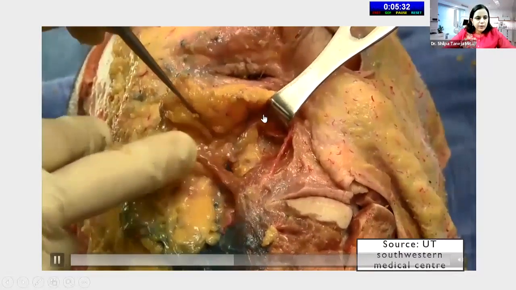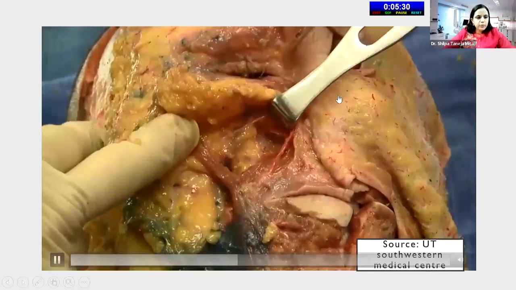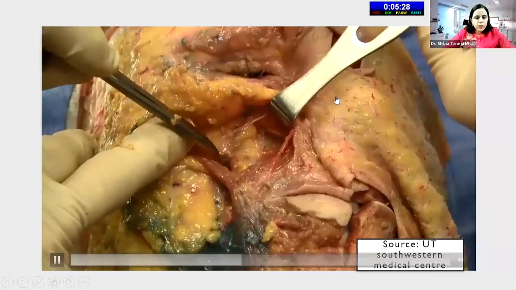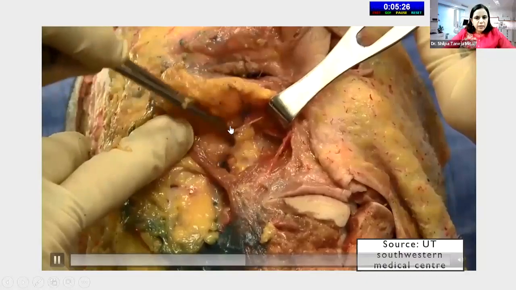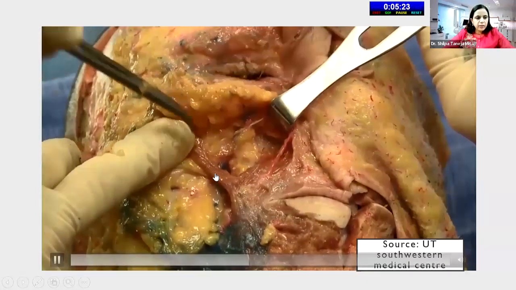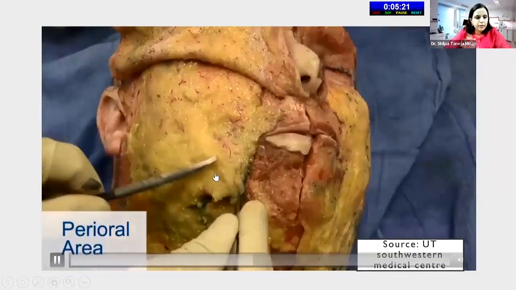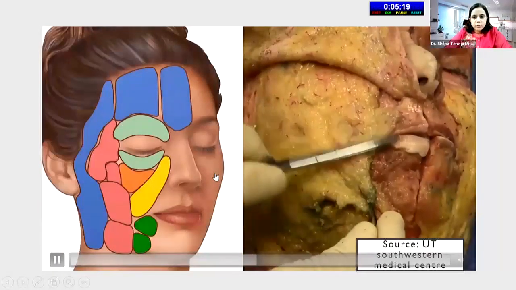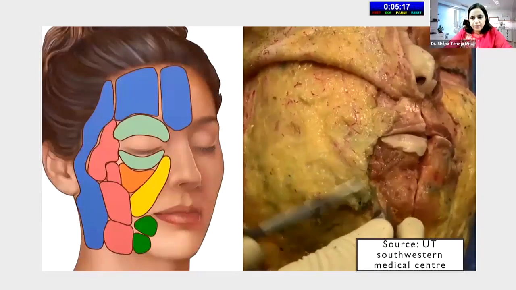So inject laterally and massage the filler medially. The branch of facial vein coming here, as we can see here in the malar area, in the superficial fat layers, so thus inject deep in this area.